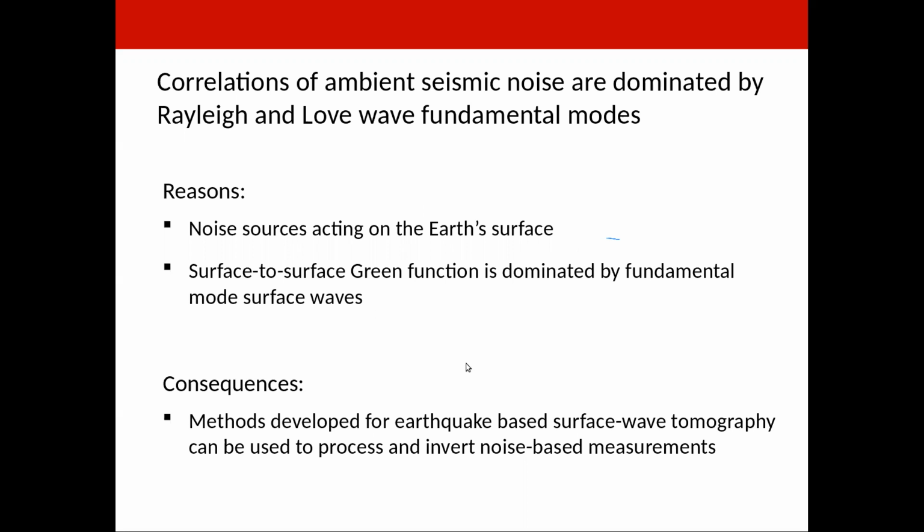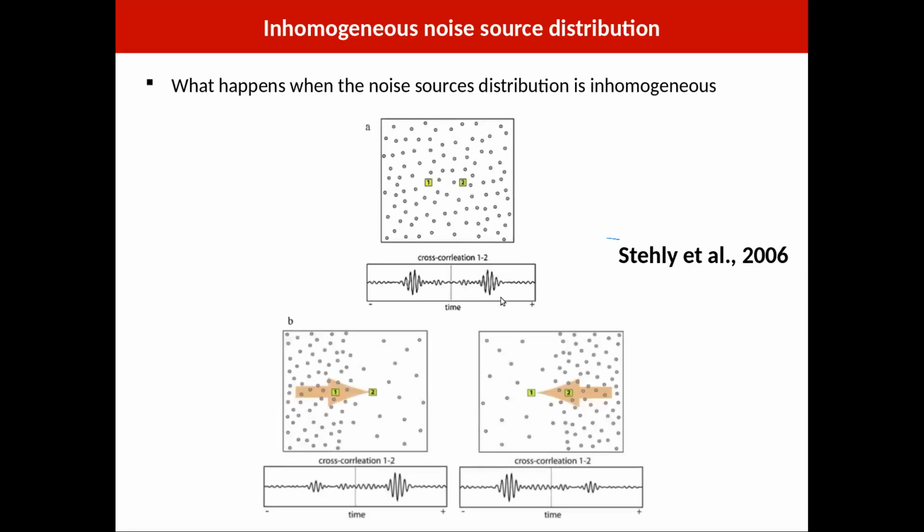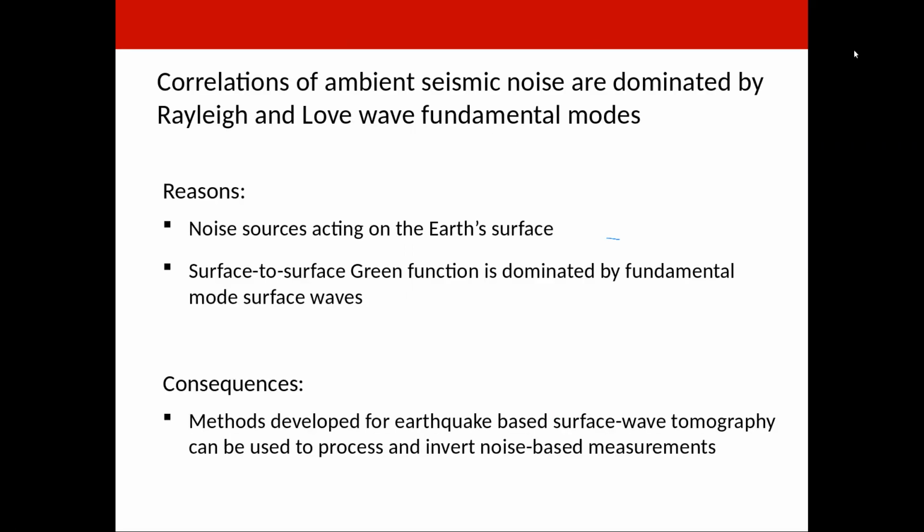And so if these signals are actually surface wave signals, then the consequence is that we can use earthquake-based surface wave tomography methods or processing methods to retrieve and invert for the noise-based measurements, okay?